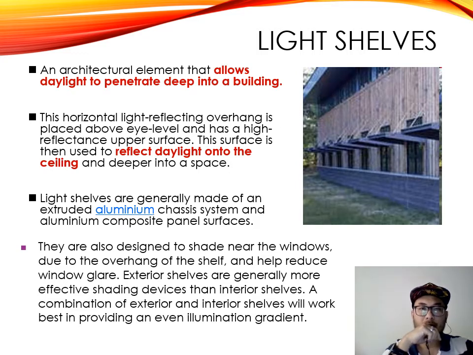Okay, so a light shelf is an architectural element that allows daylight to penetrate deep into a building. This horizontal light reflecting overhang is placed above eye level and has a high reflectance upper surface. This surface is then used to reflect daylight onto the ceiling and deeper into a space.